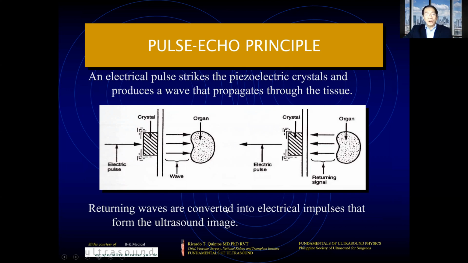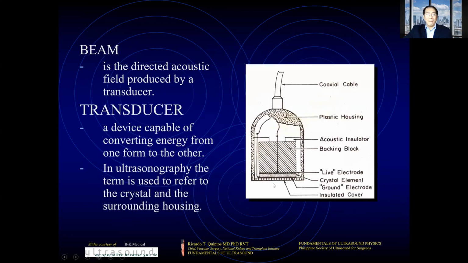The returning waves are converted into electrical impulses that form the ultrasound image. So again, the beam is the directed acoustic field produced by a transducer, and the transducer is the device that is capable of converting energy from one form to another.